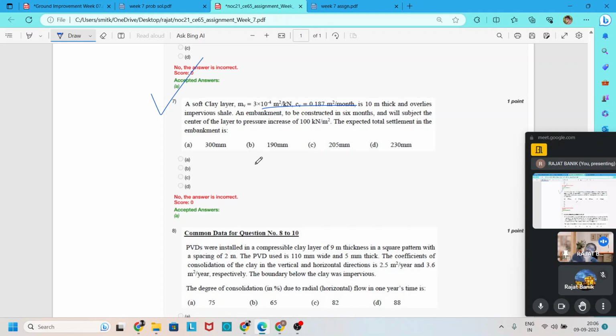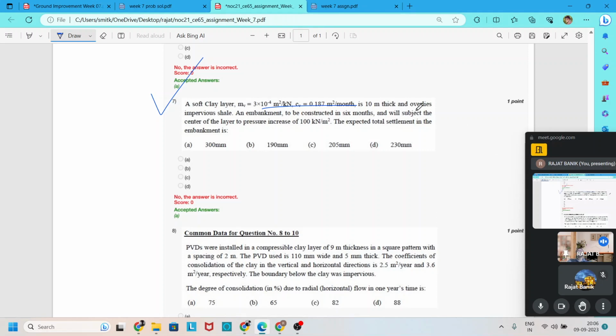The time period given is 6 months, and the pressure increase at the center of the layer due to this preloading is 100 kN per meter square. That means del P is given. Now find out the total settlement of the embankment.